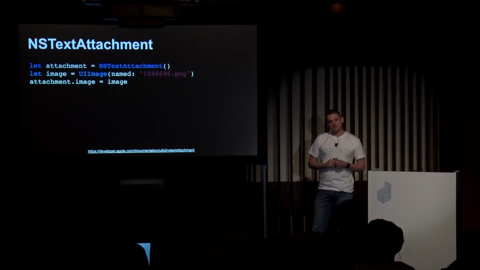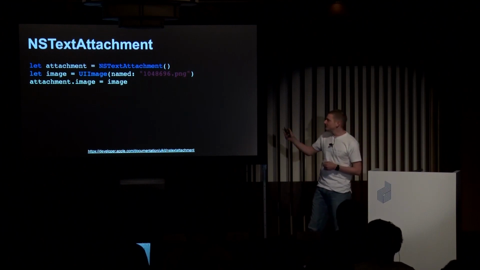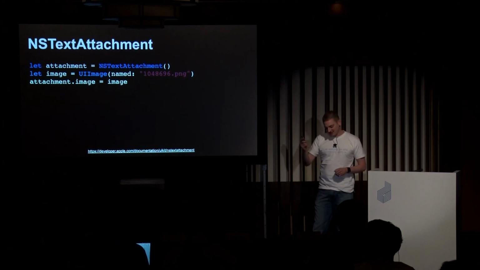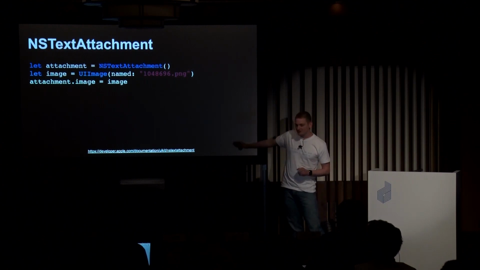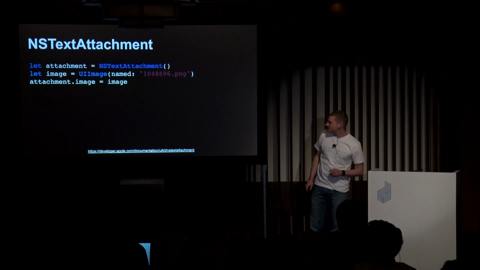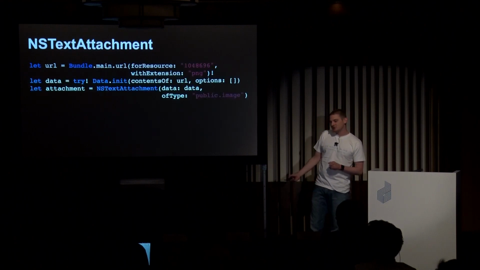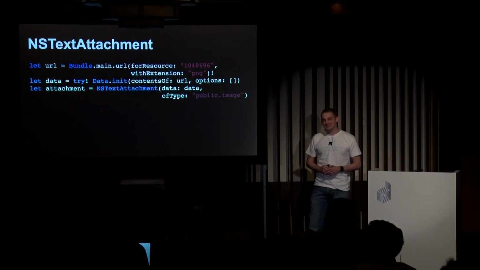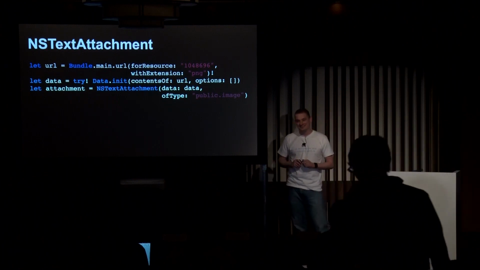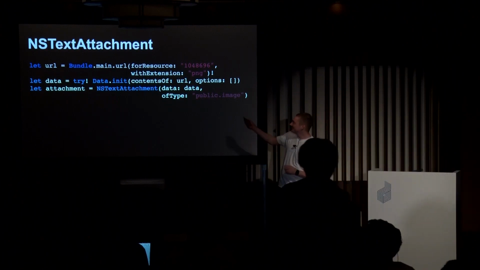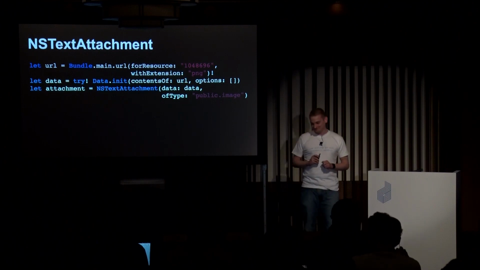And NSTextAttachment, all that does is it lets us put an image into an attachment and attach that to our string. Makes things really easy. Now you'll notice, if you check the developer documentation at the bottom, that's actually not the designated initializer. Technically, we should be using data of type, but Xcode doesn't give me any warnings or errors, so I didn't really care. But if you want to be strict, then that is the correct way to do it.